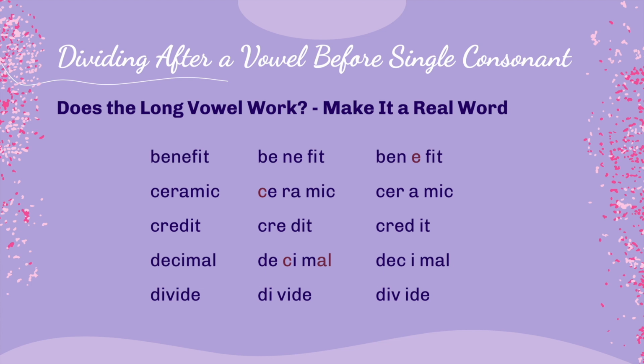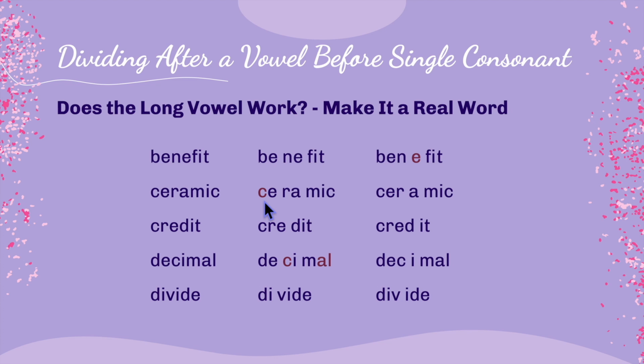First, divide after a vowel before a single consonant and then see if it gives you a word you recognize. Benefit. I don't recognize that, so let's split after the E instead. Benefit. That sounds closer to a word, so let's try switching this long E to a short E. Benefit.